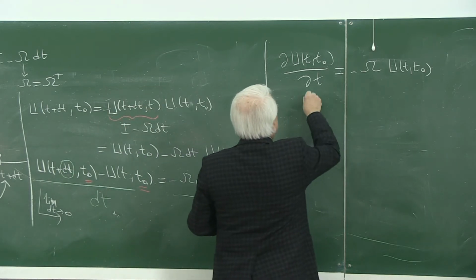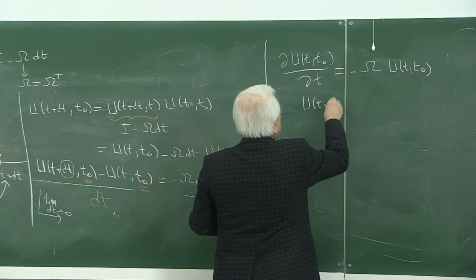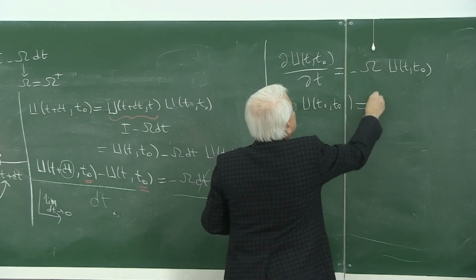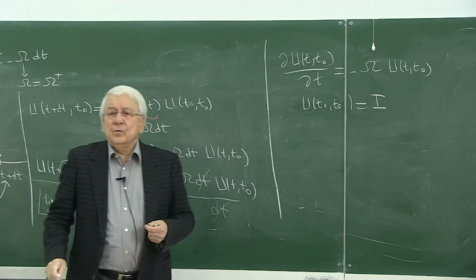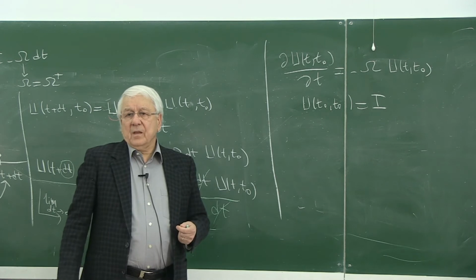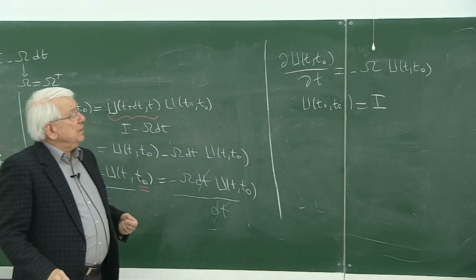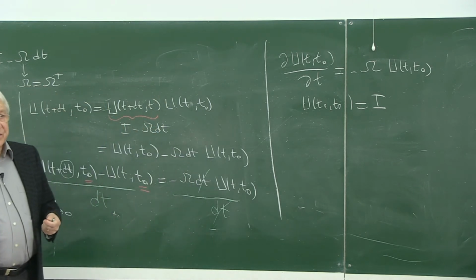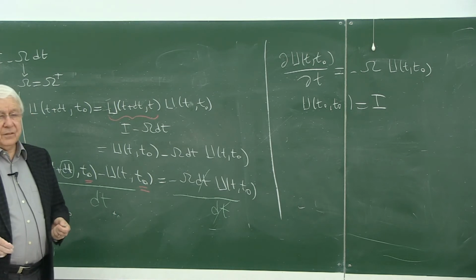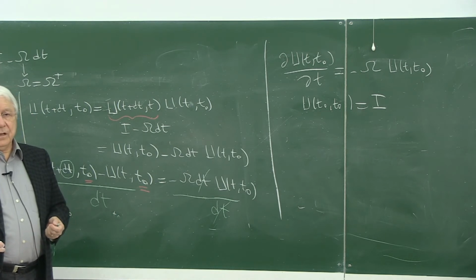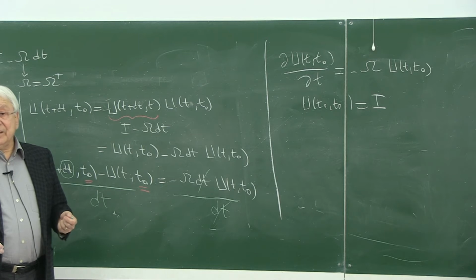The boundary condition is U(t0, t0). When the two entries are the same, you have the identity. So together with this boundary condition, we can integrate the first equation to get another equation, which will be an integral equation.